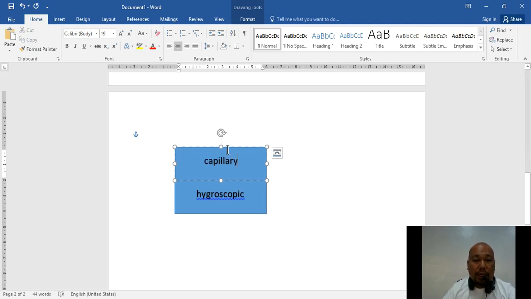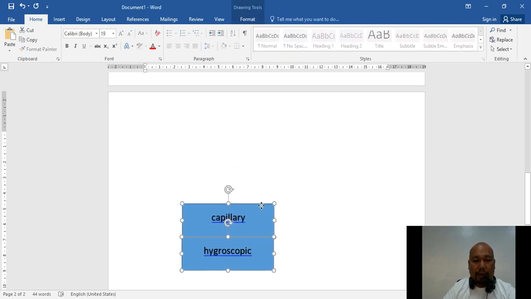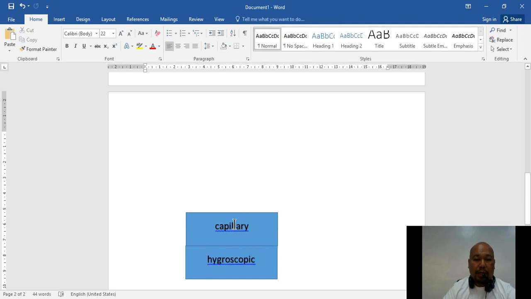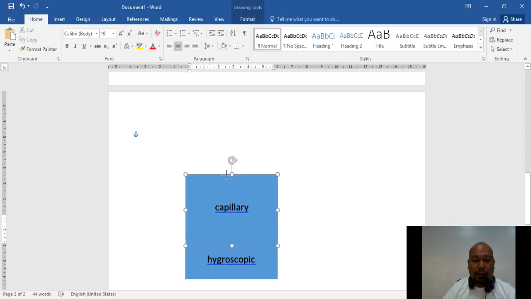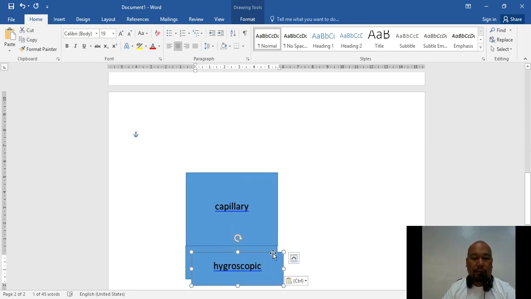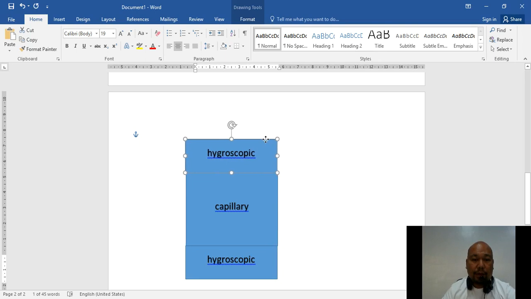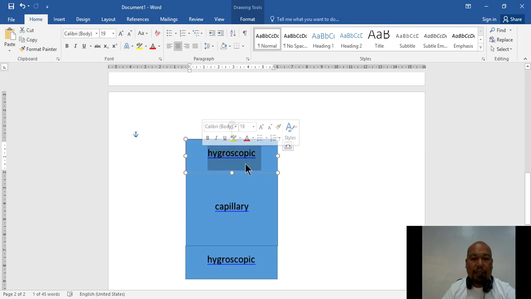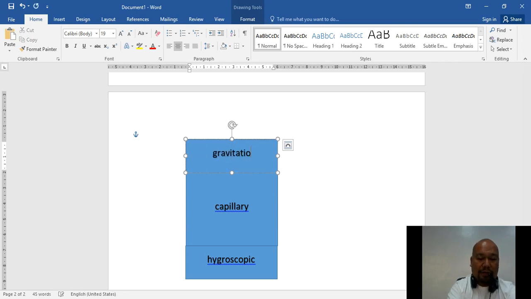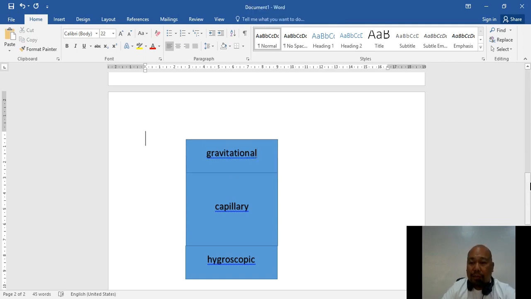Sorry guys, let me try to move that a little bit down. The capillary water, think of it as just something like that. And this is gravitational water.